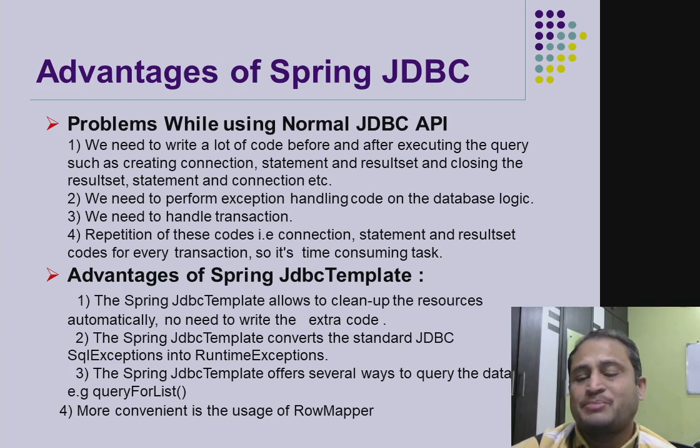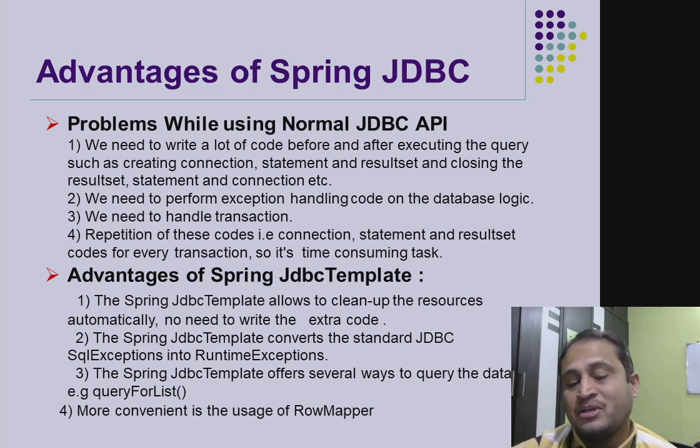Some of the Spring JDBC template advantages are that it cleans up all the resources automatically. You do not need to close the connection or the result set. It is automatically taken care of, and whenever a resource is not being used, it is automatically closed, without any extra code.